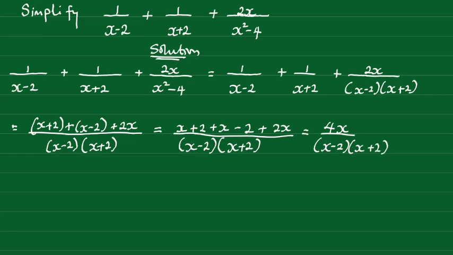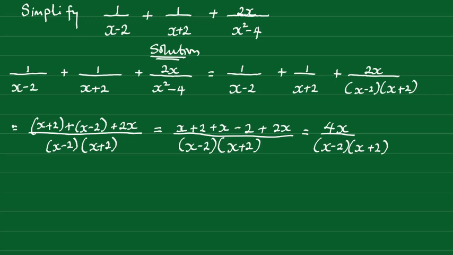We know that (x minus 2)(x plus 2) is a difference of two square terms and can be expressed as (x square minus 2 square).